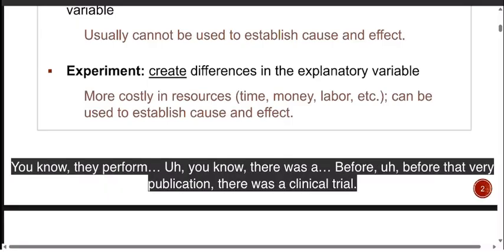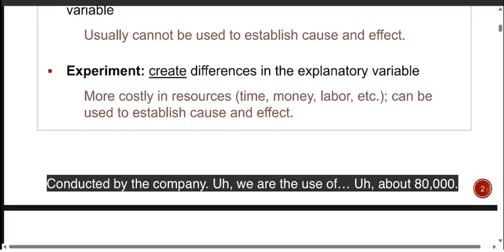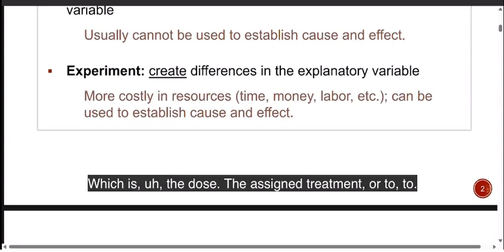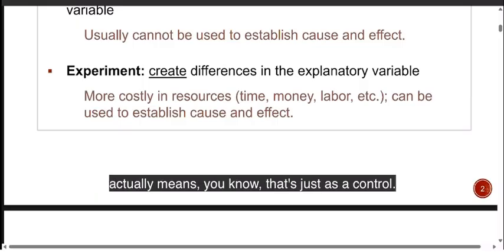Before that publication, there was a clinical trial conducted by the company, where they used about 80,000 volunteers. They split them into two groups, and they assigned the treatment, which is the dose, to one of the groups, and they assigned the placebo to the other.